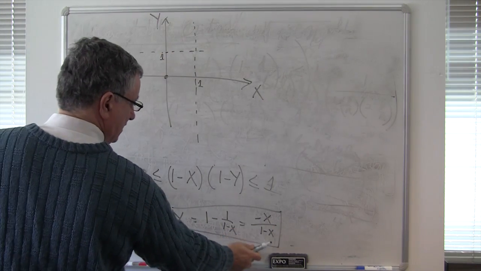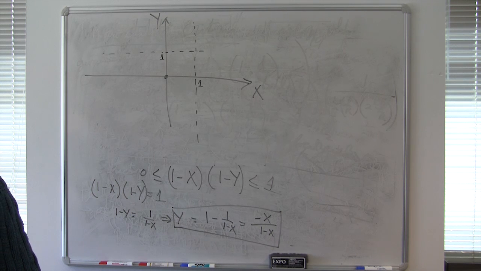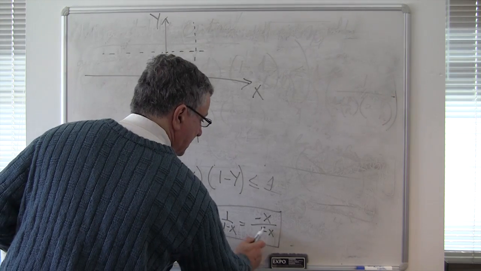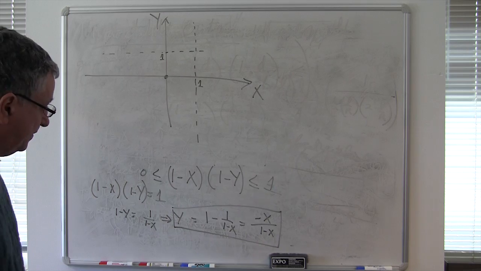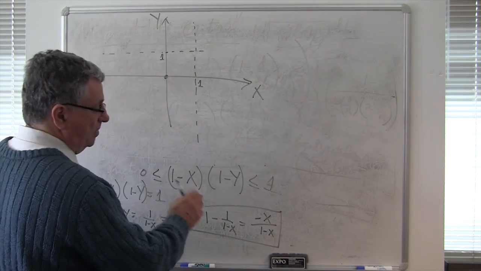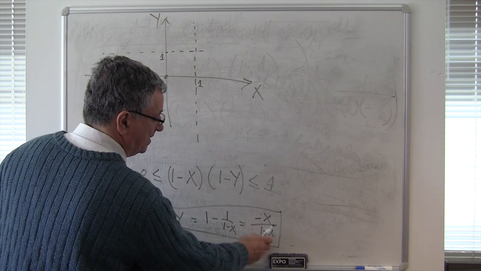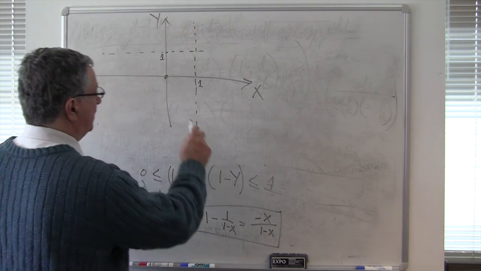Why is it an interesting point? When X is equal to 1, you see that this equation becomes diverging. If X goes to 1 from a value lower than 1, then the denominator will be positive and the numerator will be negative, so it will go to minus infinity.